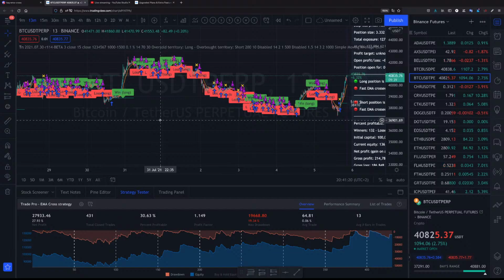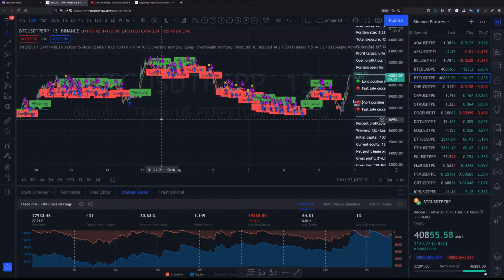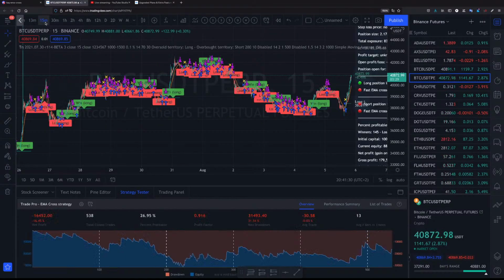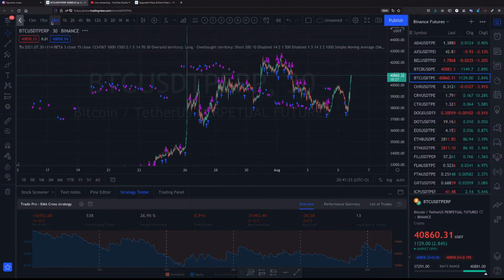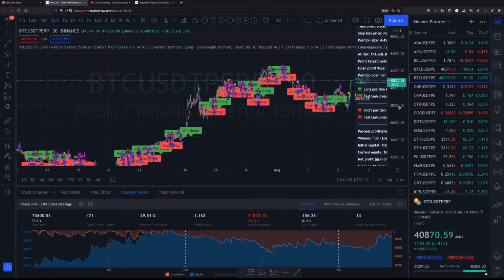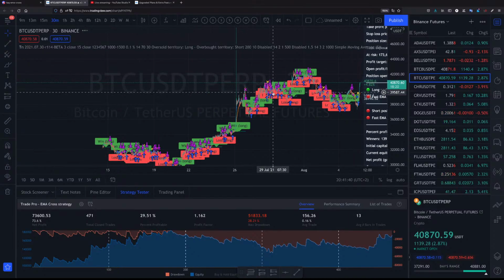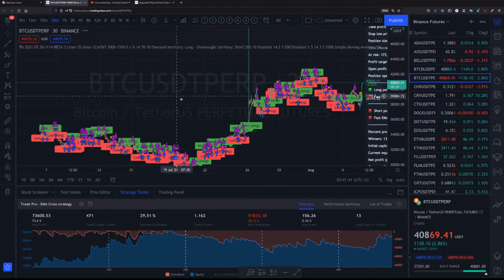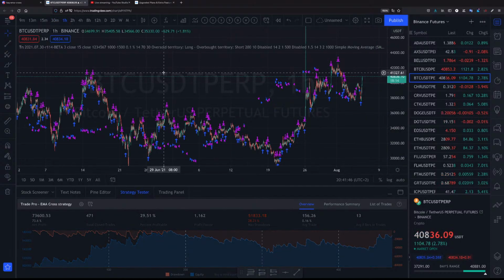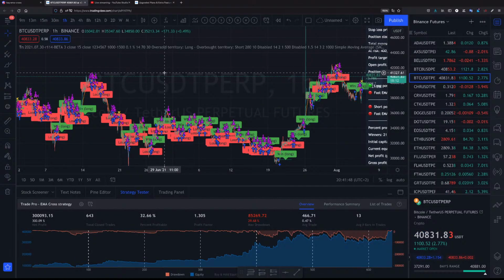I'm not really very fond of this, to be honest. I'm not very fond of this. But I think this specific strategy might work better with higher time frames, of course.